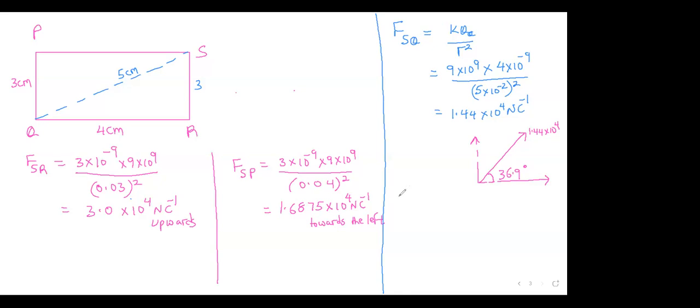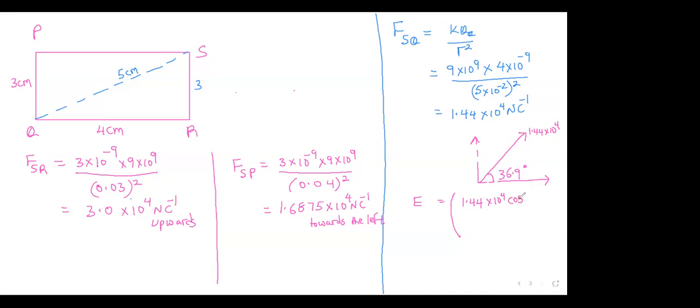So we should now write this force in vector form. We get the horizontal component and the vertical component. The horizontal component being 1.44 exponent 4 times cos of theta, which is 36.9, and that's going to be 1.15 exponent 4.